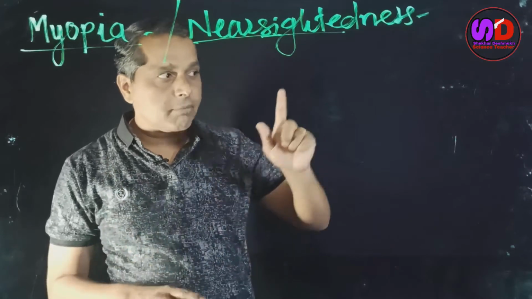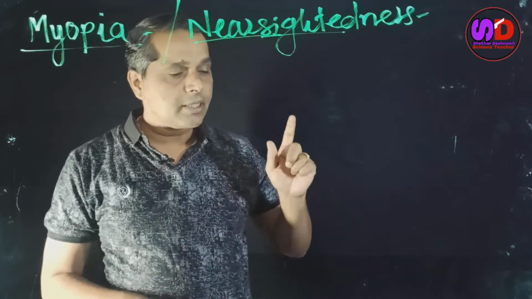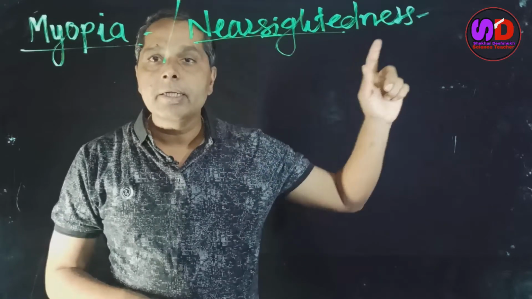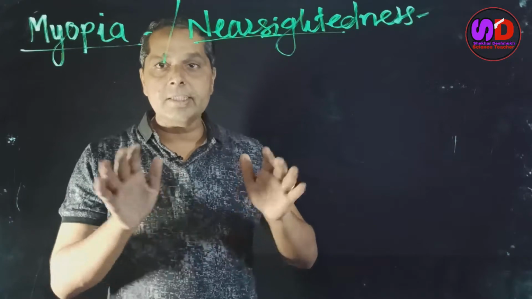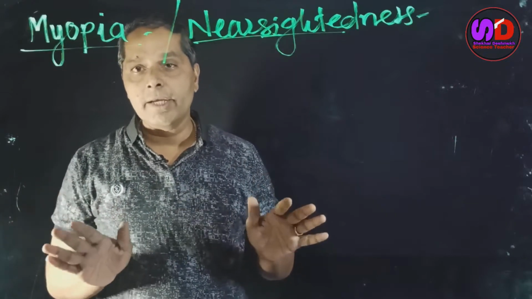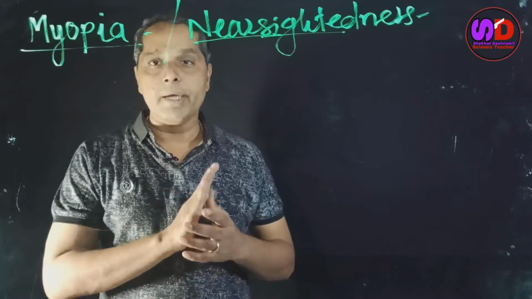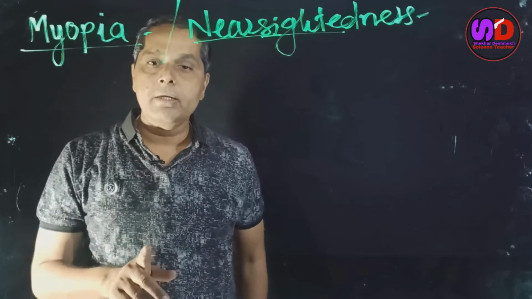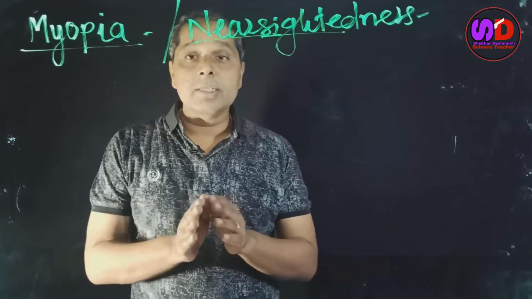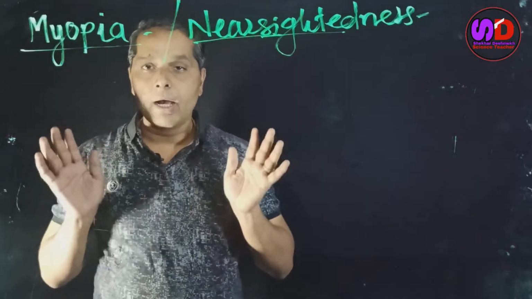So he is unable to read what is written on the blackboard. That means he is unable to see distant objects. That means his near sight is okay, and therefore it is nearsightedness or myopia. So you have to write that Santosh is suffering from myopia.